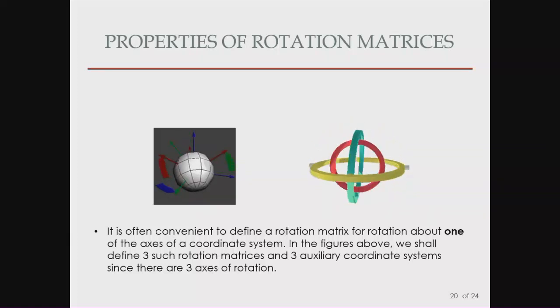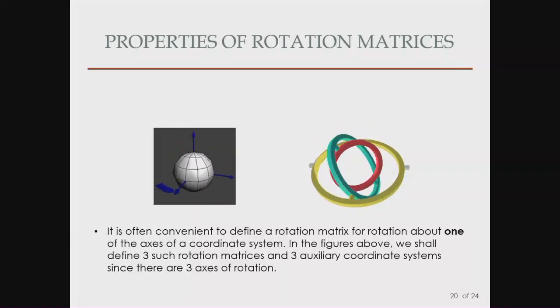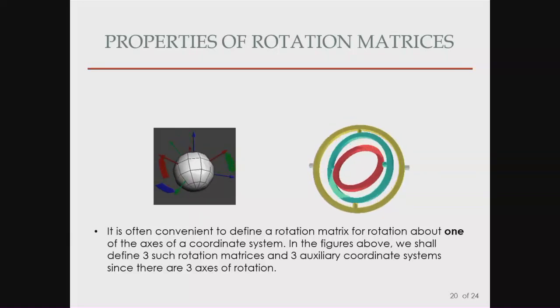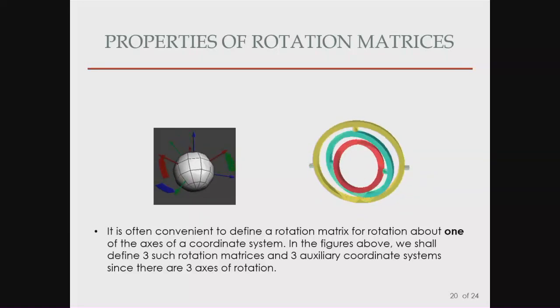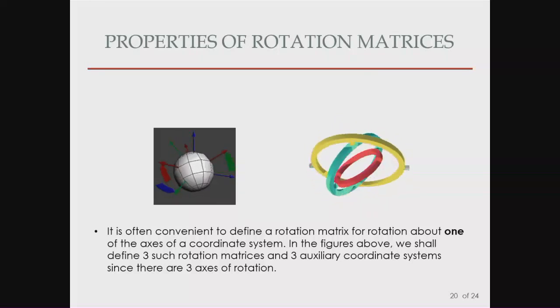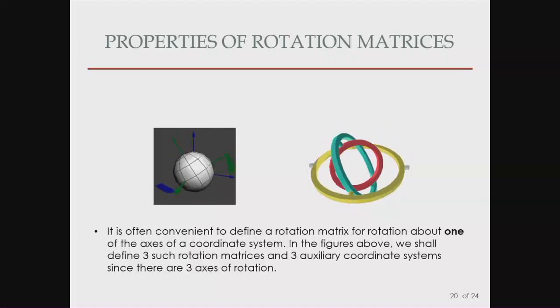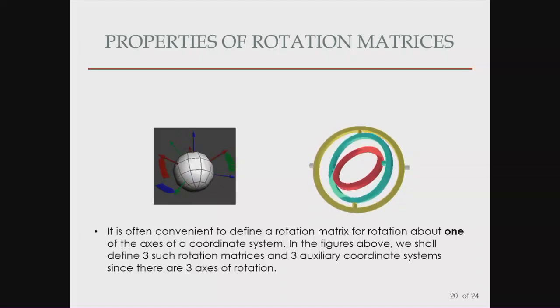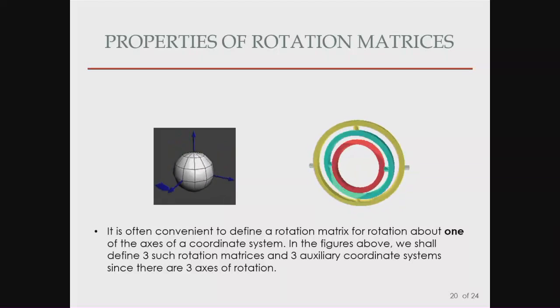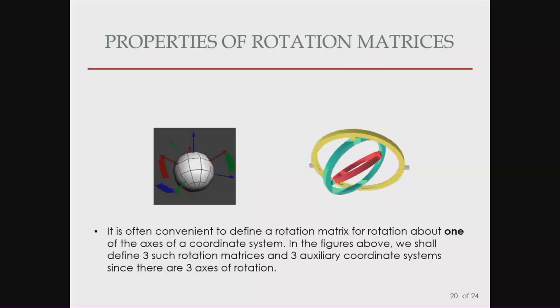So what you would do is assign some auxiliary coordinate systems, one attached to the yellow ring, one attached to the green ring, and then go from one to another, each time rotating about a single axis only.